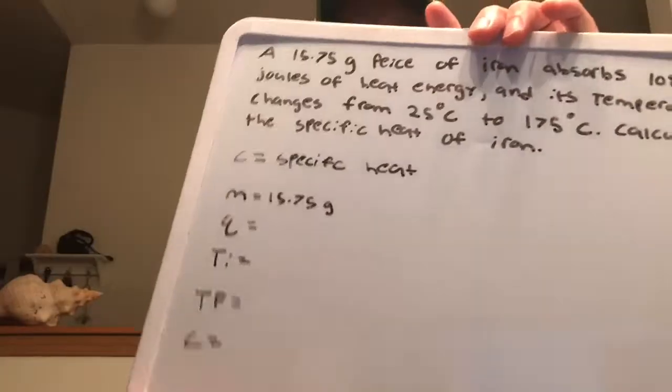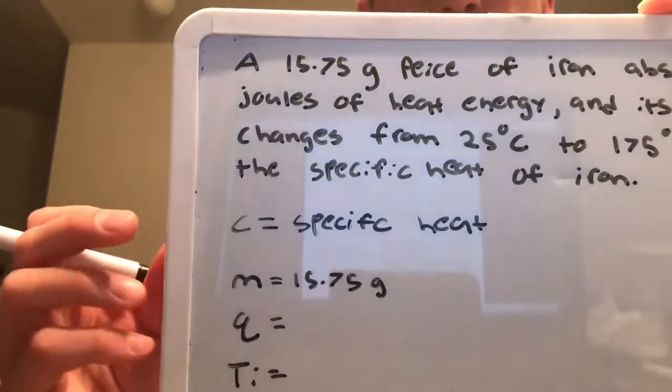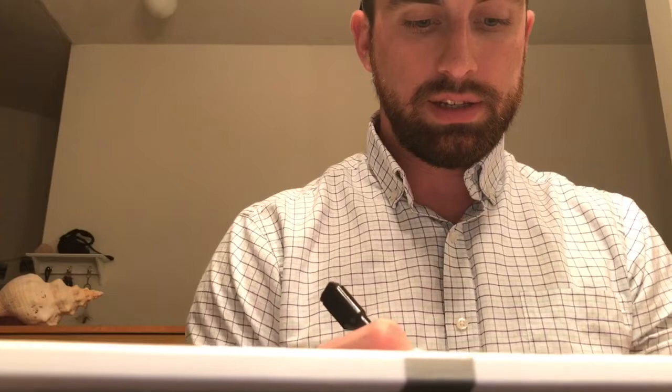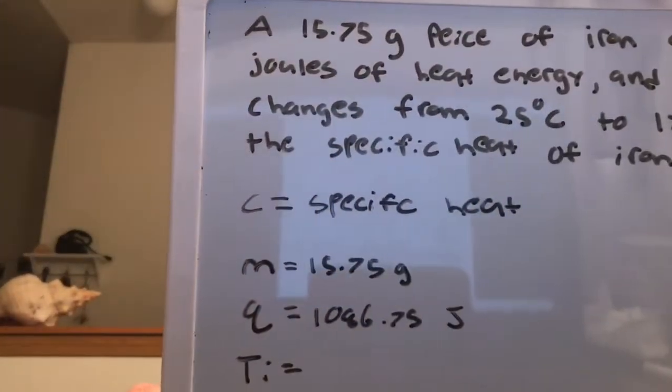Okay, so you should have that written down there. The next thing we need to find is heat. Remember, Q stands for heat. You should remember that from when we were talking about changes in internal energy. So our heat in this situation, just like the question says, is 1086.75. Oh, sorry, joules. So you should have that written down.